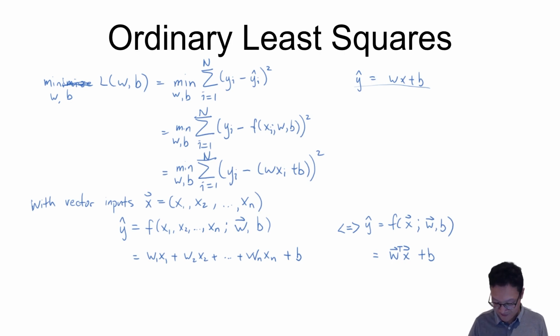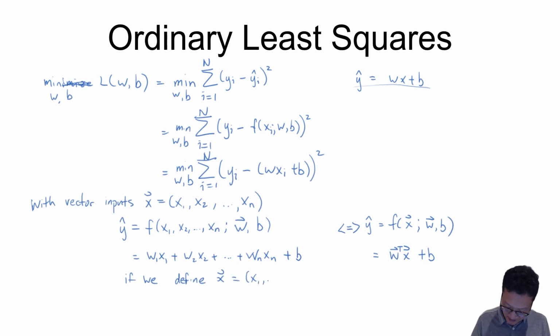Okay, so it seems a little clumsy. It will actually be slightly more convenient if we define the x vector to be equal to x1 all the way up to xn, and then we add a constant 1 inside this definition of the input vector.